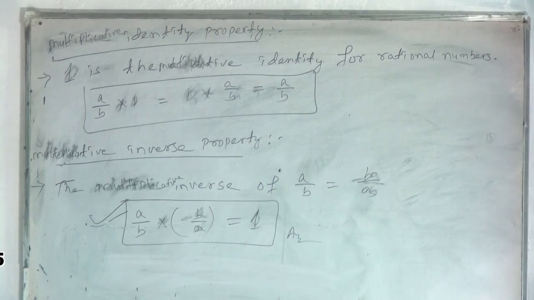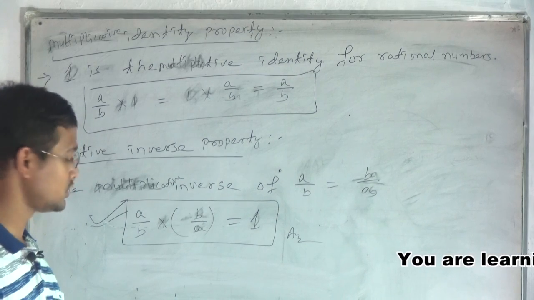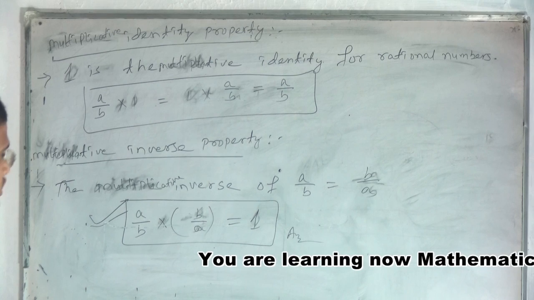A by B into B by A equals 1. This is the multiplicative inverse property.